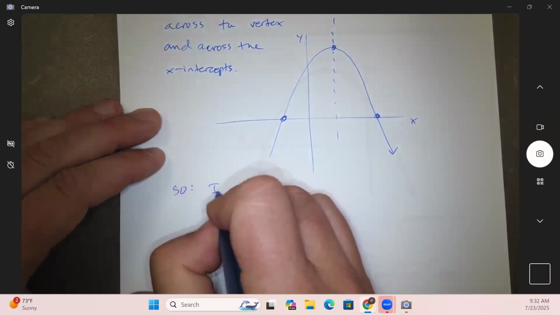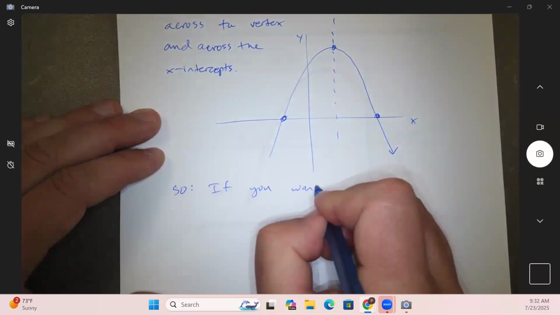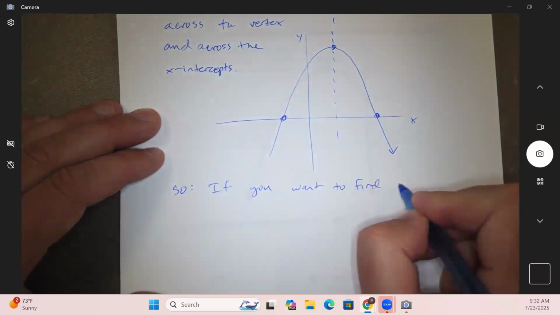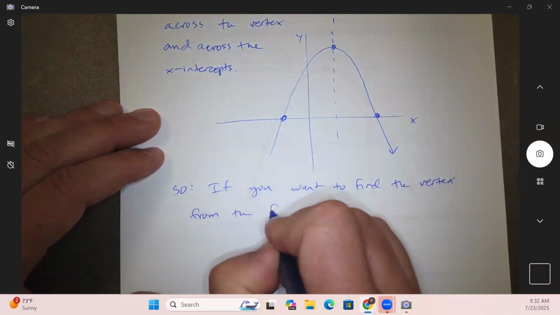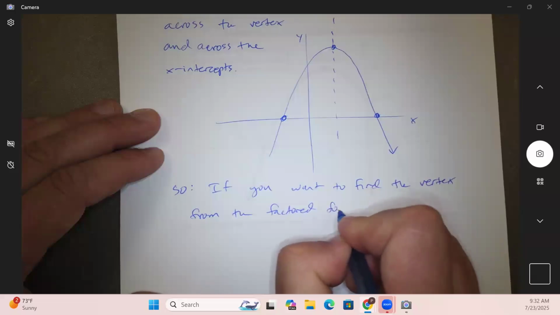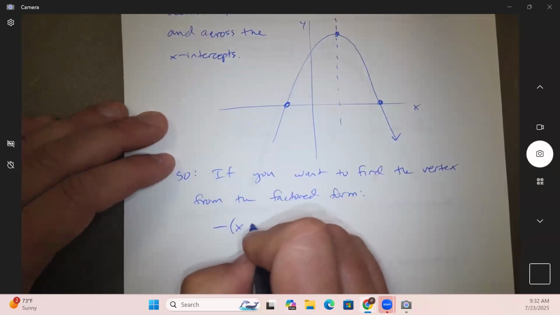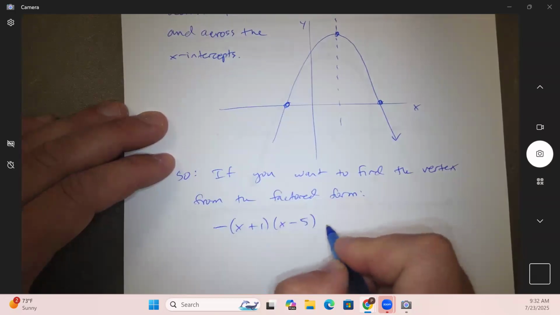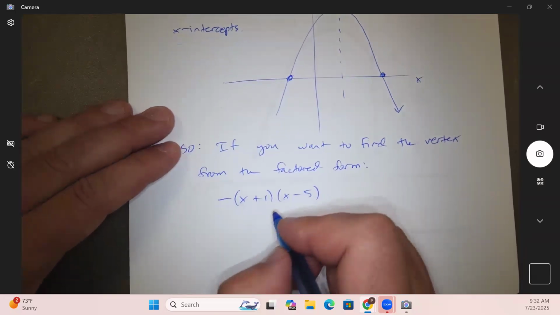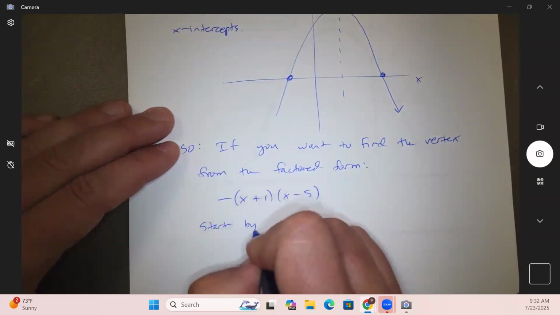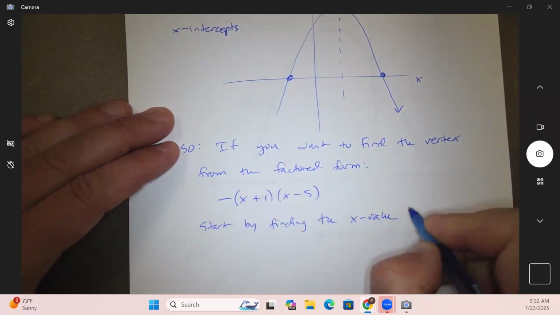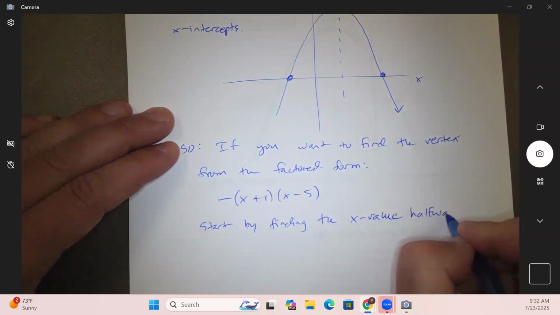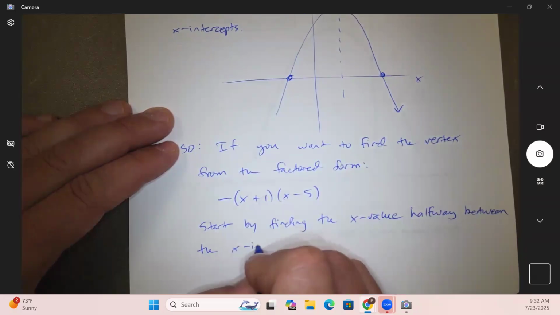So if you want to find the vertex from the factored form, you start by finding the x value halfway between the x-intercepts.